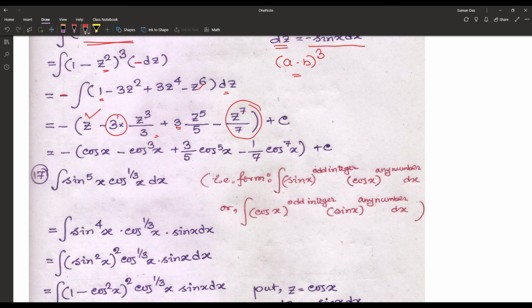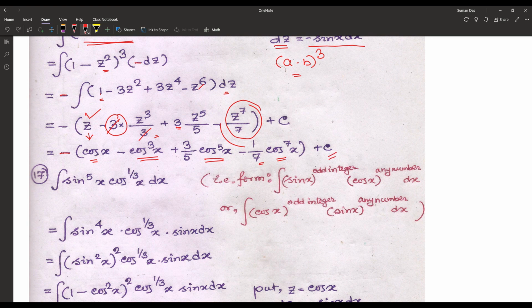The minus is taken common. Now just replace the value of z with cos x, and the final result is cos x minus cos cube x plus 3 by 5 cos to the power 5x minus 1 by 7 cos to the power 7x plus the integration constant.